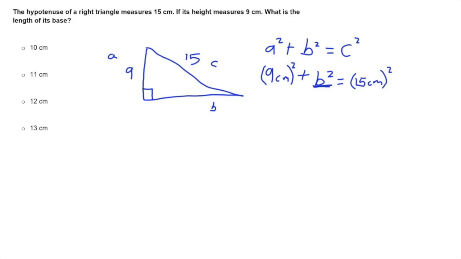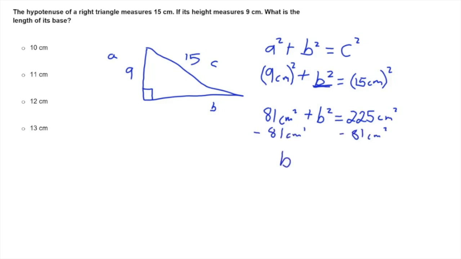9 times 9, or 9 centimeters squared, is 81 centimeters squared. Plus, this is still B squared, because that's the one we're looking for. And 15 times 15, or 15 centimeters squared, is 225 centimeters squared. So now we're going to subtract 81 from both sides.